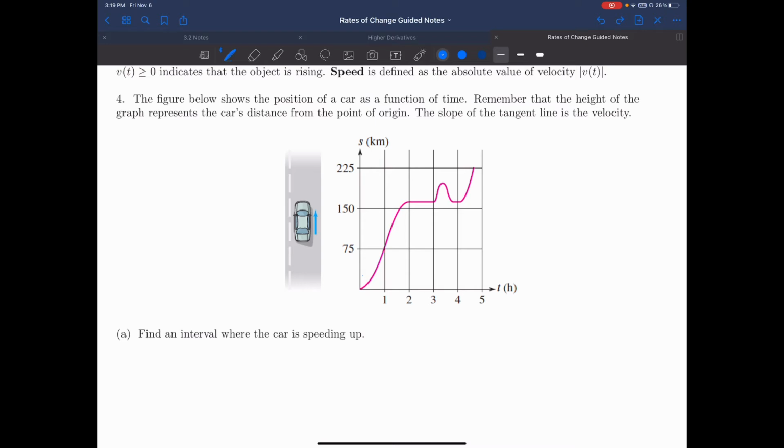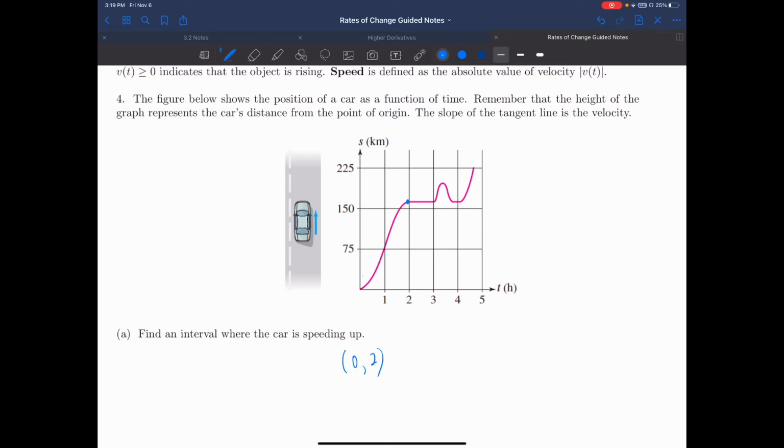That would hold everywhere the graph is increasing, up to about here. So one interval where the car is speeding up is from 0 to 2.